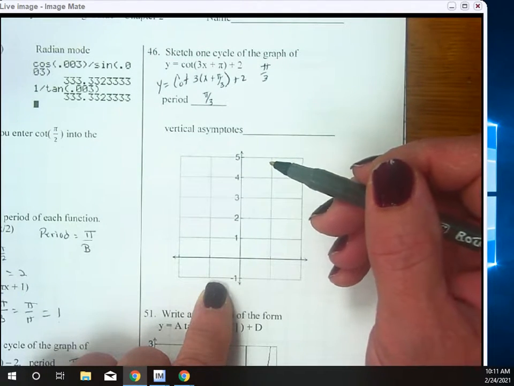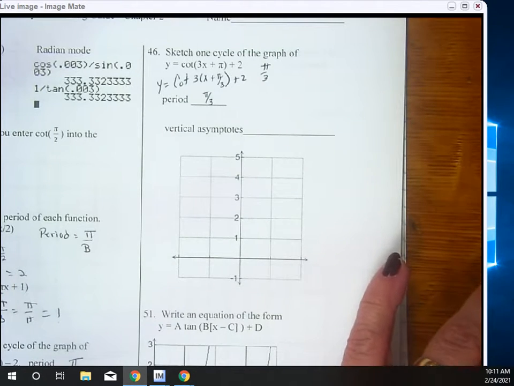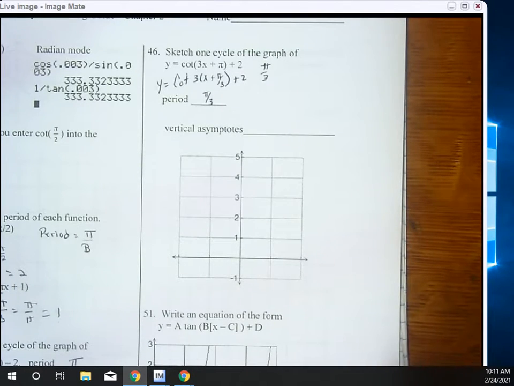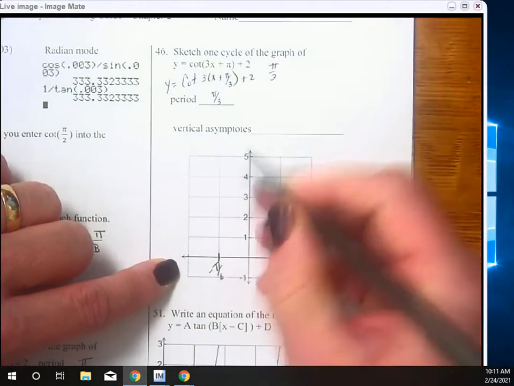Probably the best thing for me to do would be to count by, if I count by 1/6, that is half of, so I'm going to count by pi over 6.